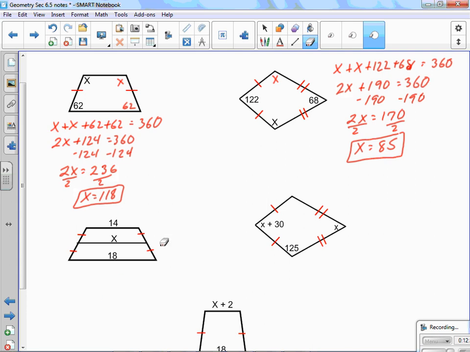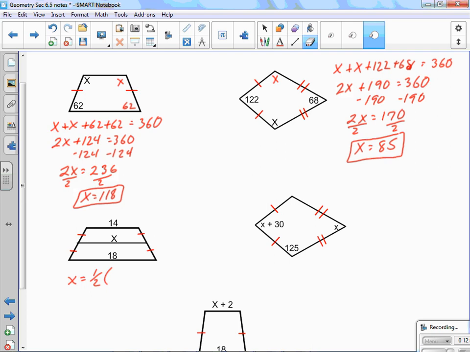So this next example here, we've got a trapezoid with a mid-segment. We know it's a mid-segment because the lengths on each side of the intersections are the same. And so the rule for mid-segment is that the mid-segment x here should be equal to 1/2 of the two bases added together.